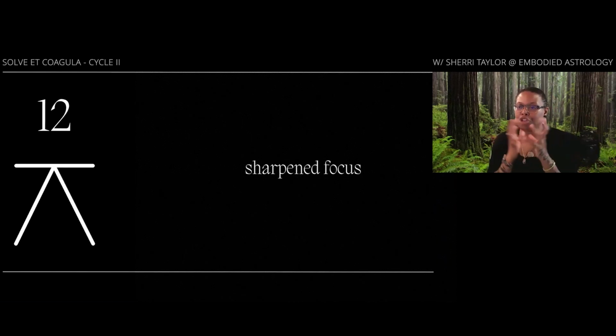And it is sharpened focus, like not fully in view, but it's sort of the process of adjusting a lens to get so precise, right? And so this is anything 12 to 19 degrees of Libra or Leo. You're going to experience this.